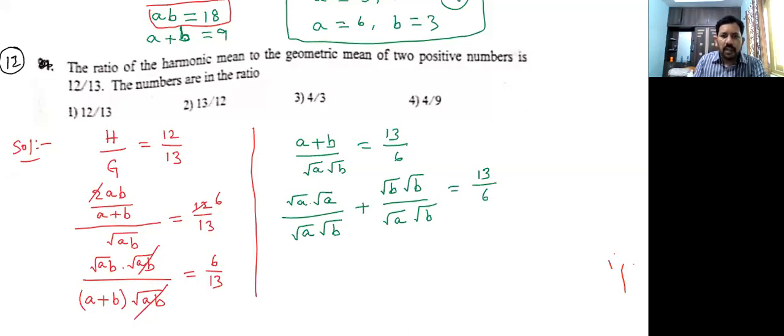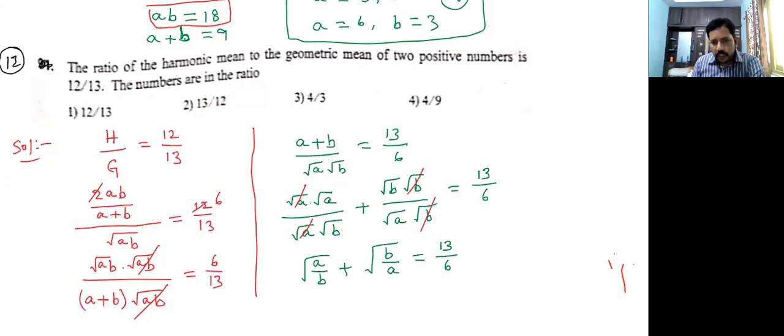Here root A cancel. Here root B cancel. Then what is the remaining? Under root A by B plus under root B by A. That value is 13 by 6.